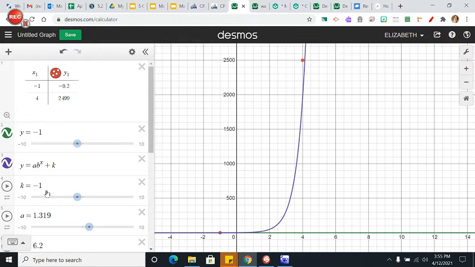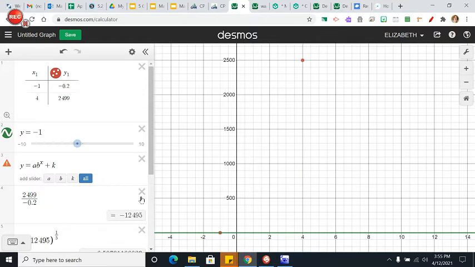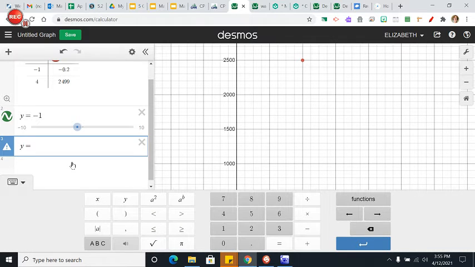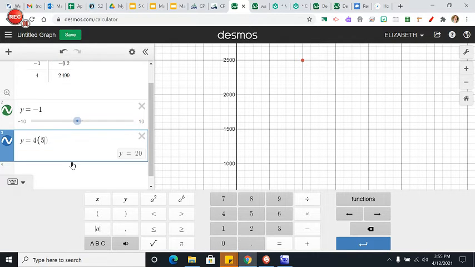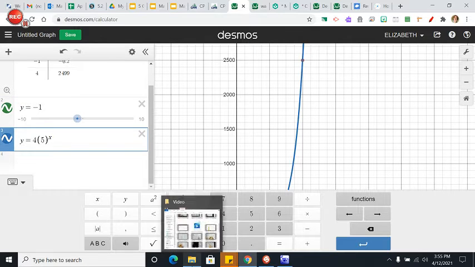The last one we got y equals 4 times 5 raised to the x minus 1.